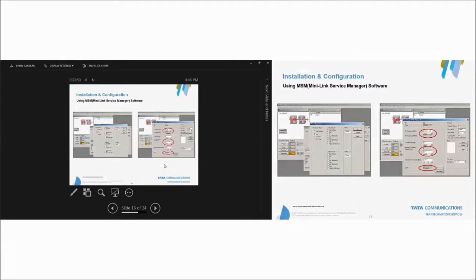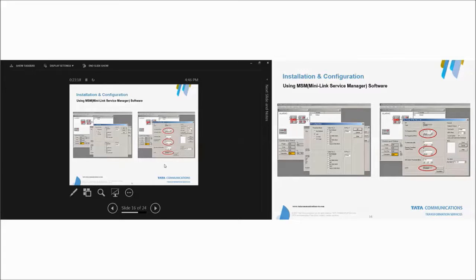You can even configure whether it is a 1+0 or 1+1 hot standby or 1+1 working, and you can fix the frequencies which we already derived from our planning, and you can put the TX power, and there will be a term called ATPC here. ATPC is nothing but automatic transmit power control.